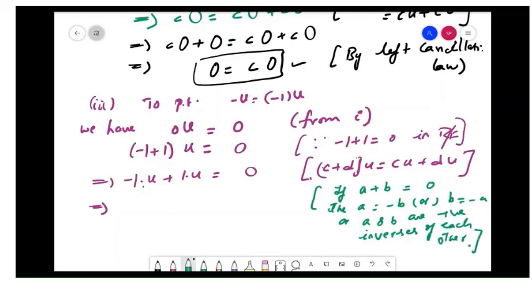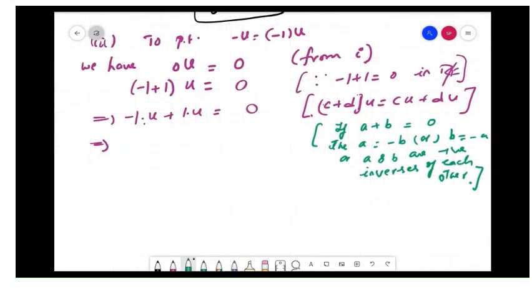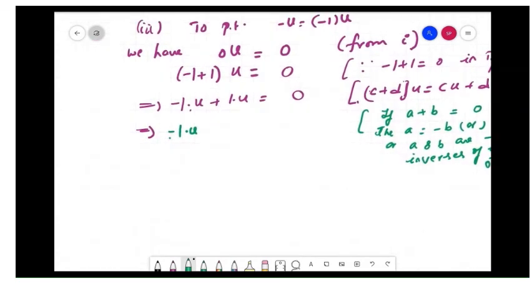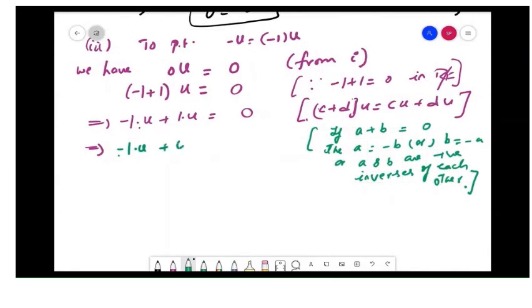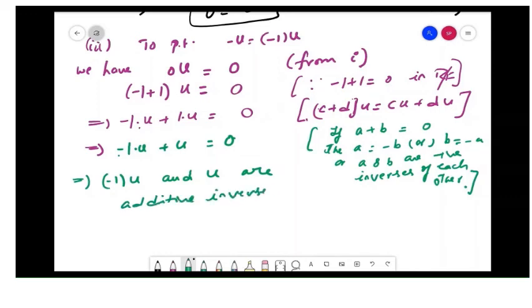Now if you see here, on the left hand side we have minus 1 into u plus 1 into u, which we can write as u, is equal to 0. The sum of two elements is 0, which implies minus 1 into u and u are additive inverses of each other. This is what we just mentioned: a plus b is 0 means a and b are additive inverses of each other.